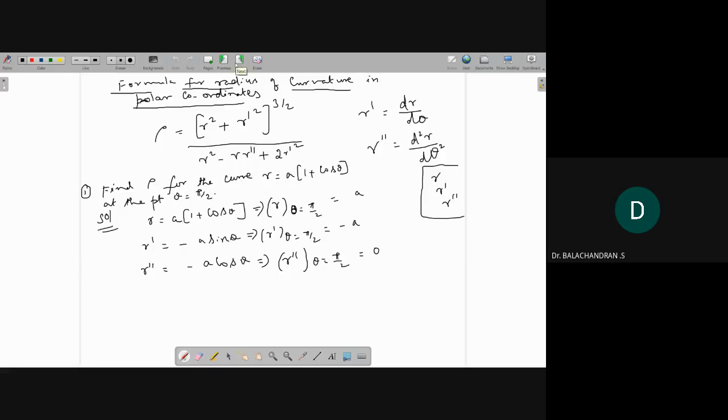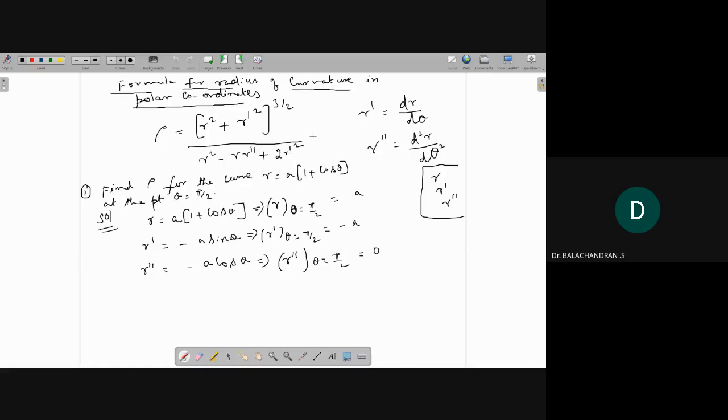Okay. So next, I think still have 15 minutes or more time. Now I'm going to introduce the formula for radius of curvature in polar form. Formula is rho equal to r square plus r dash square whole power 3 by 2 divided by r square minus r into r double dash plus 2r dash square.